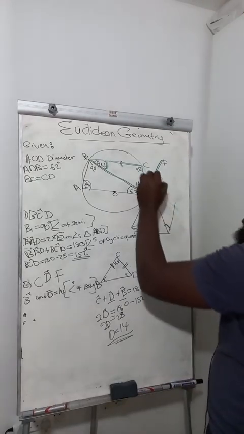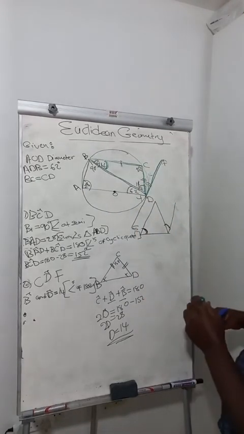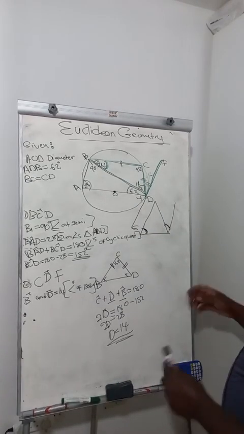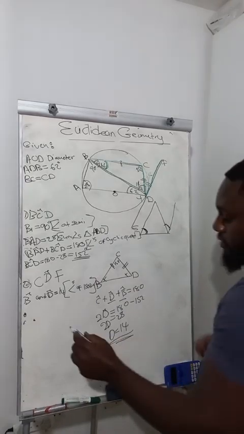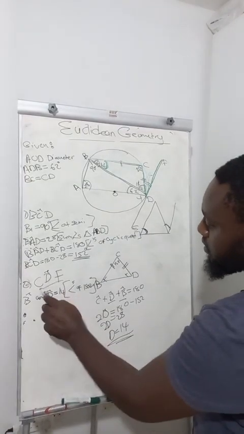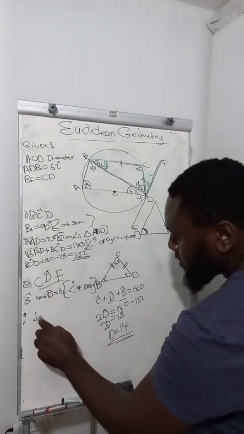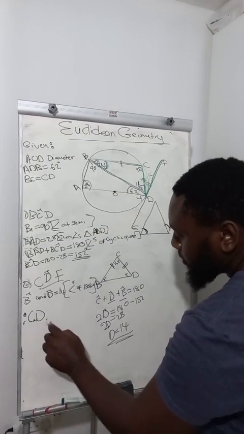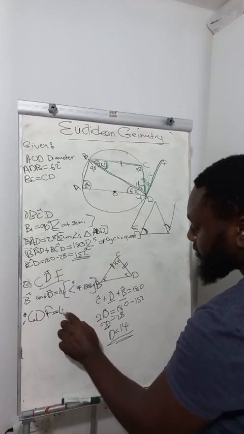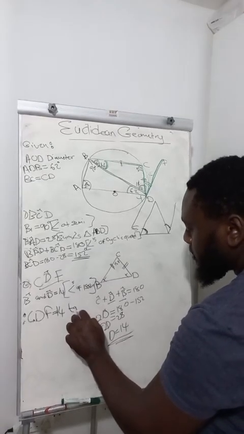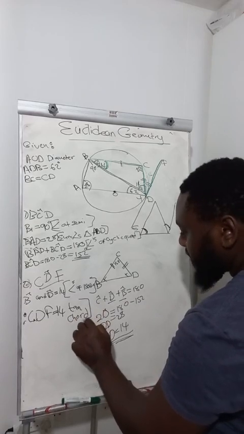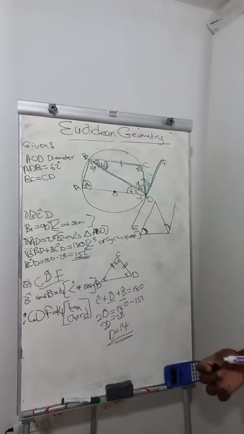So this here is 14. The reason will be that it's the tan chord theorem. So CDF is equal to 14. Here you'll write tan chord theorem.